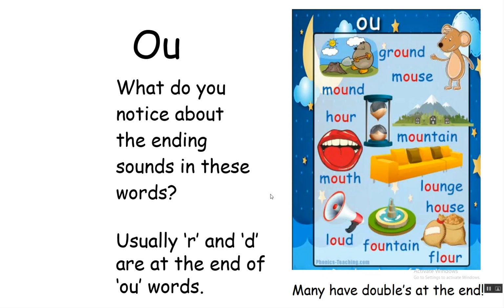Many have doubles at the end, so consonant blends, nd or f or j, lounge. So OU are consonant blends or R and D at the end.